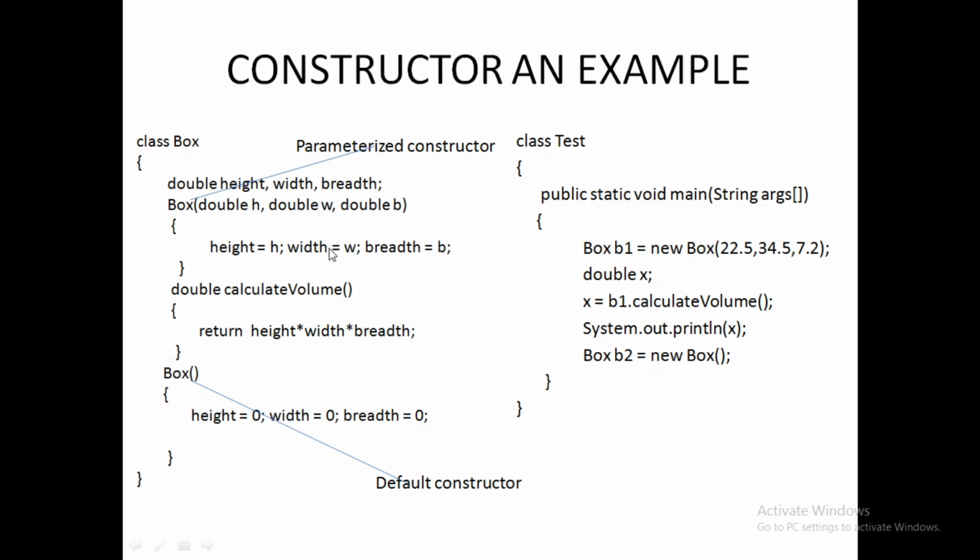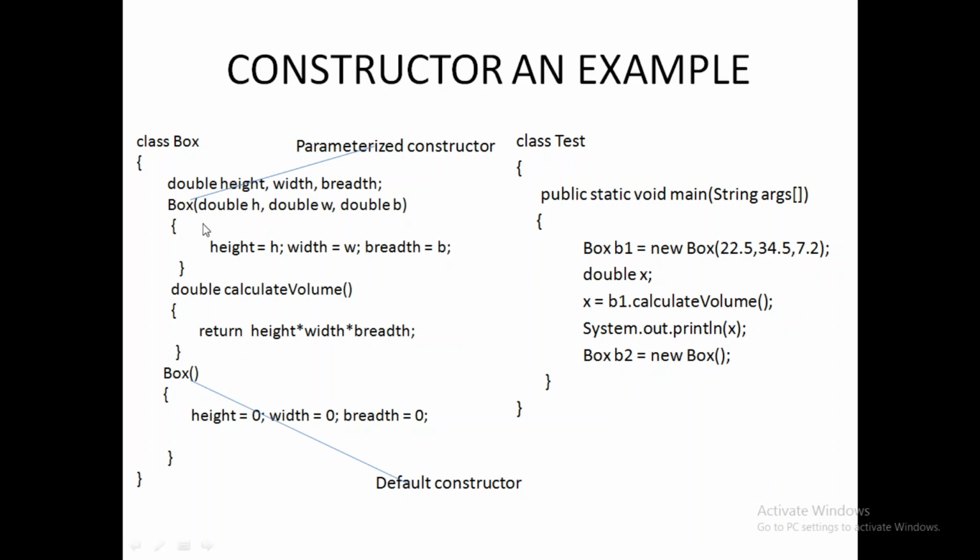Here I have used the constructor and initialized the object using the constructor. The same class as in the previous example is designed again here, but with a different set of methods.